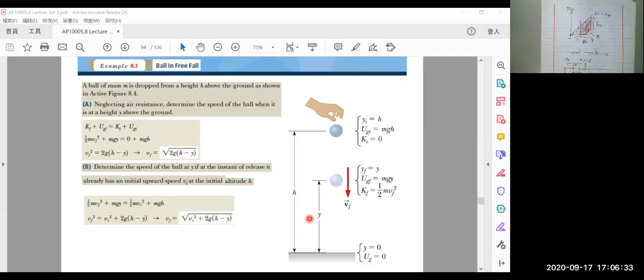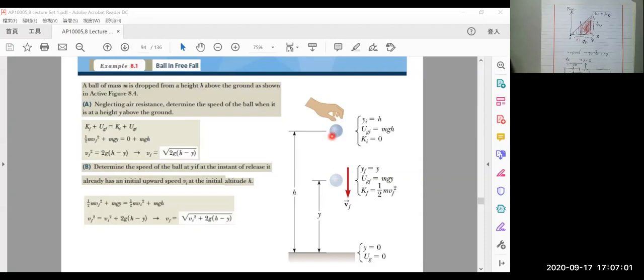By conservation of energy, we consider the energy terms associated with the two different positions. What are the energies at this point? At this point, it would be just the gravitational potential energy and kinetic energy.